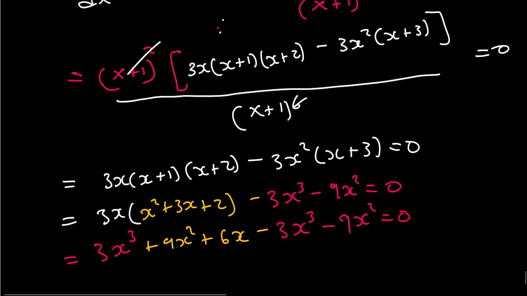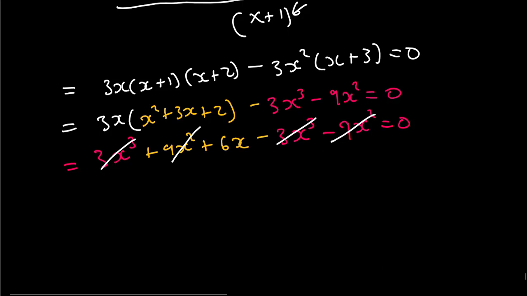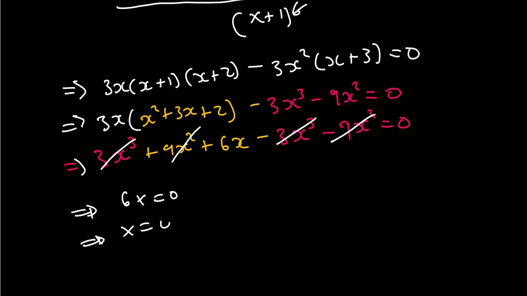We observe that 3x cubed and 3x cubed cancel, 9x squared and 9x squared cancel, so what we are left with is 6x is equal to 0, and this is true if x is equal to 0. So when x is equal to 0, we replace in y, we get the point 0, 0.